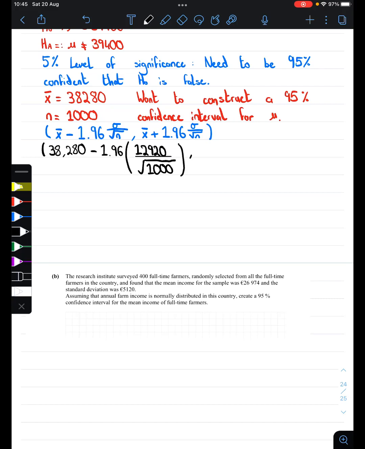And then our upper limit is 38,280 plus 1.96 standard deviation over the square root of 1,000, the sample size.